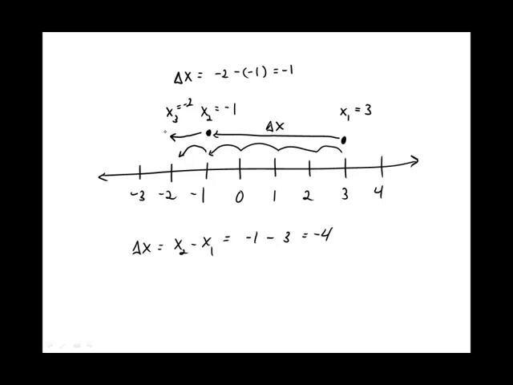And then if at a later time I go from x3 over here to 2, then that new delta x might be equal to 2 minus a negative 2, and that would equal 4, because I've moved 1, 2, 3, 4 units to the right.